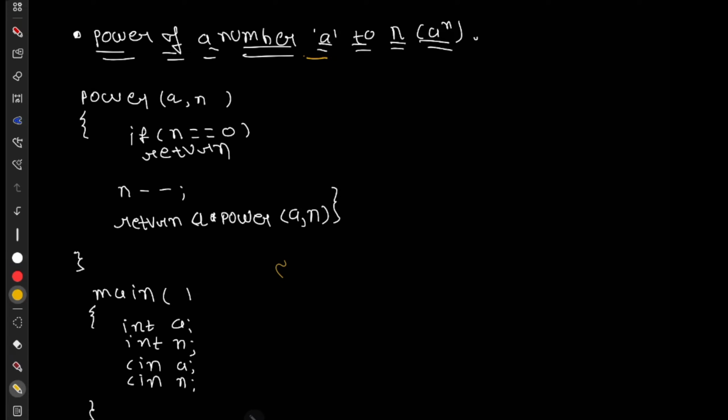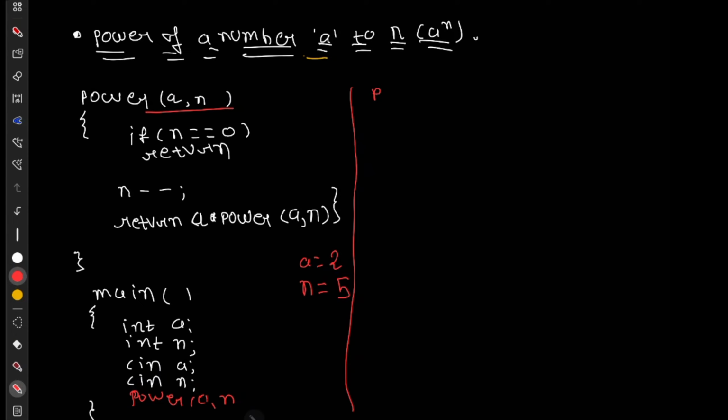Let's understand this for an example of n is equal to 5 using a recursion tree. Inside this main function I call this power function for a comma n, and the value of a is equal to 2. P for power, the first time this function is called for 2 comma 5. This function will work as 2 into p of 2 comma 4.